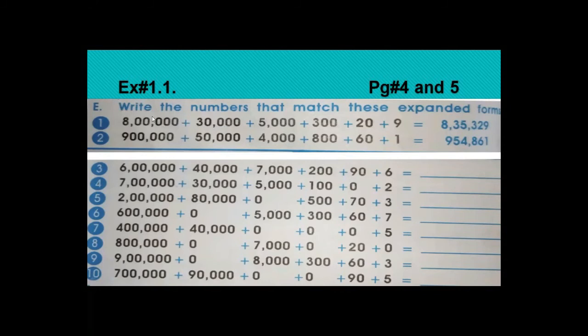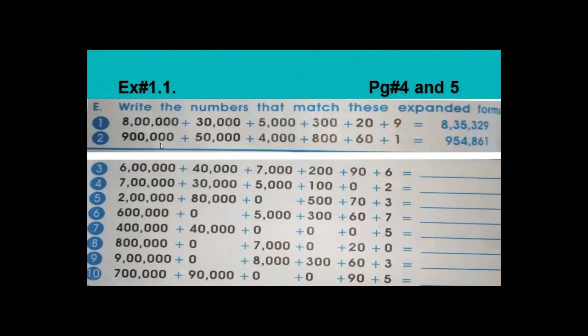Lakhs, 10,000, 1,000, 100, tens and units. So here 3 comes at the place of 10,000. Then you see 5,000. Then 5 comes at the place of 1,000. Then we again put a comma because this is the Pakistani way. Then 3 comes at the place of 100, 2 comes at the place of tens and 9 comes at the place of units.